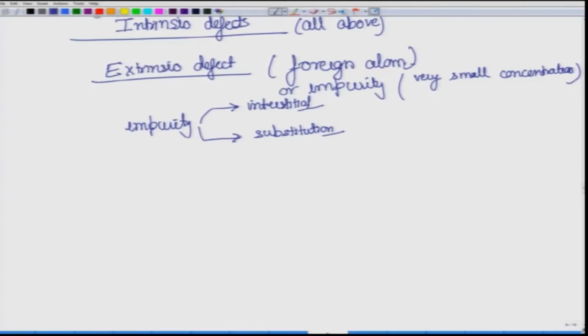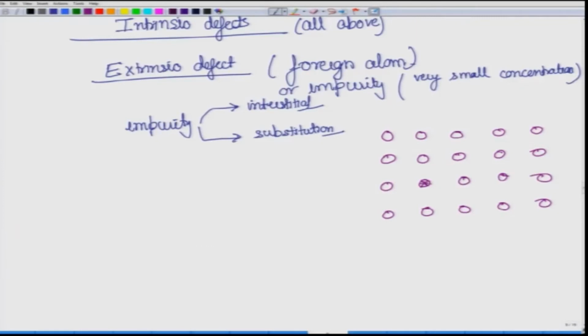So, now that we have talked about it, let me show you what the schematic of it would look like. Let us say this is one particular type of matrix, the original material, and an impurity gets embedded into it.